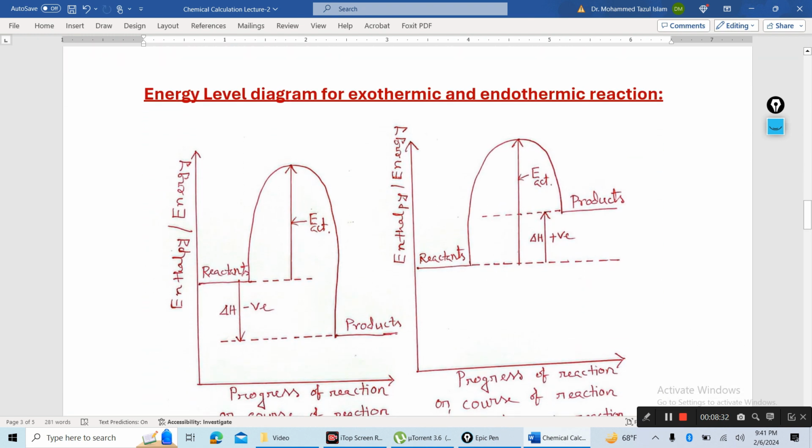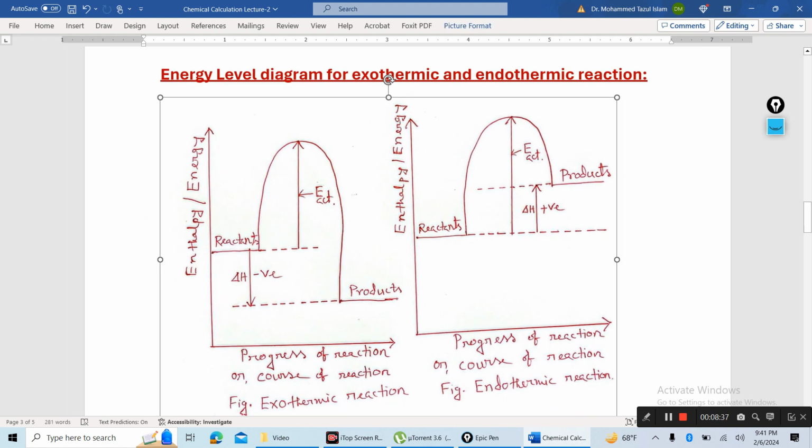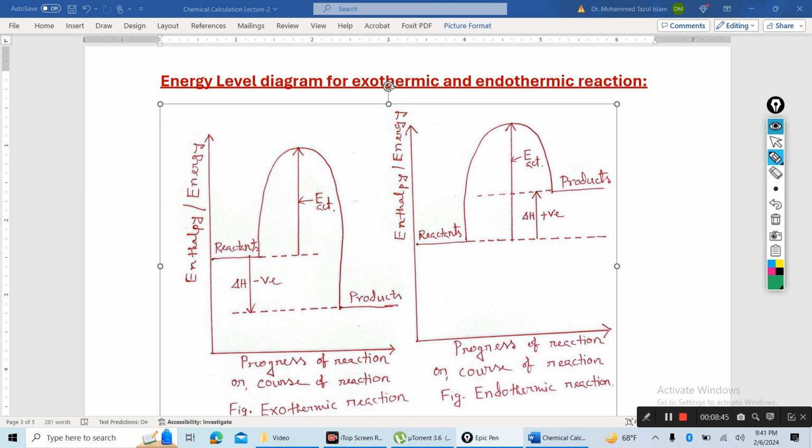Okay, now I will discuss energy level diagram or energy profile diagram for an exothermic reaction and endothermic reaction. This diagram is known as energy level diagram.